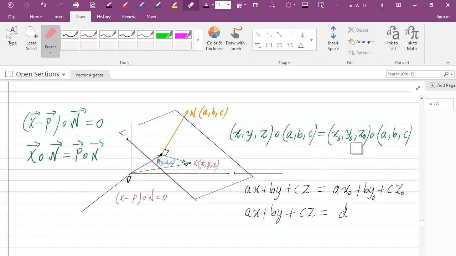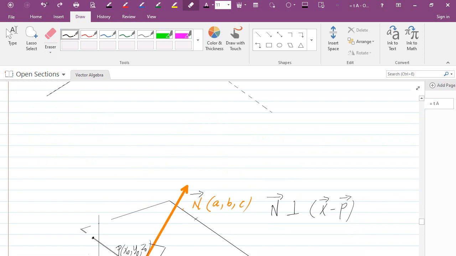And if I take the dot product of p and n, I get ax naught plus by naught plus cz naught. So we see that ax plus by plus cz is equal to some constant d. Here x naught, y naught, z naught, a, b, c are given constants, so whatever the right hand side is, I'm denoting that by d, which is a constant.